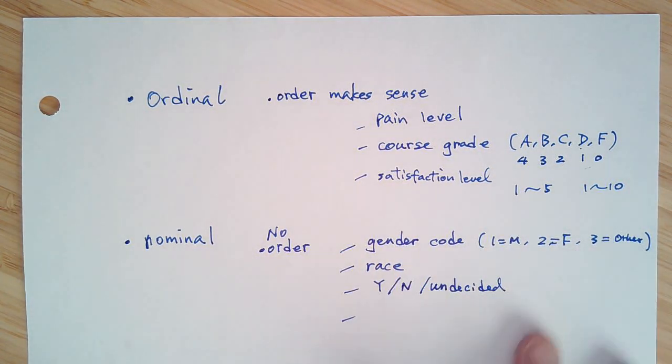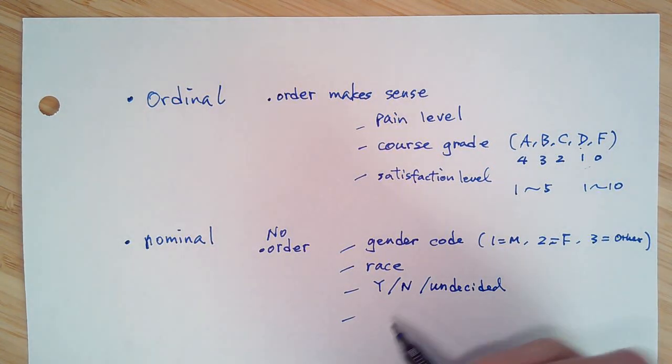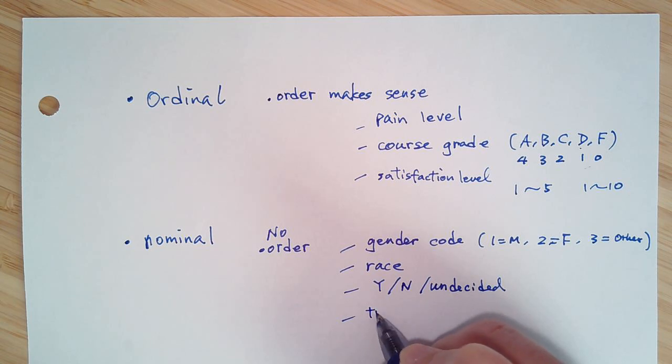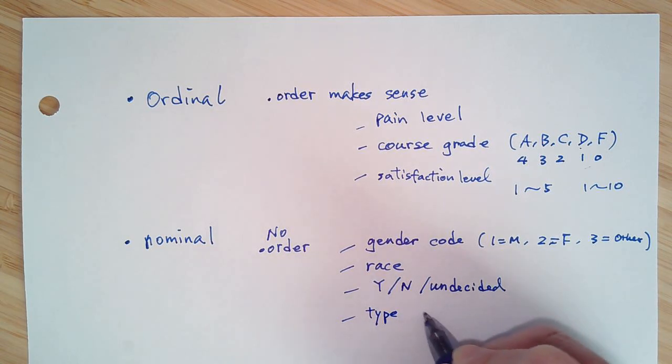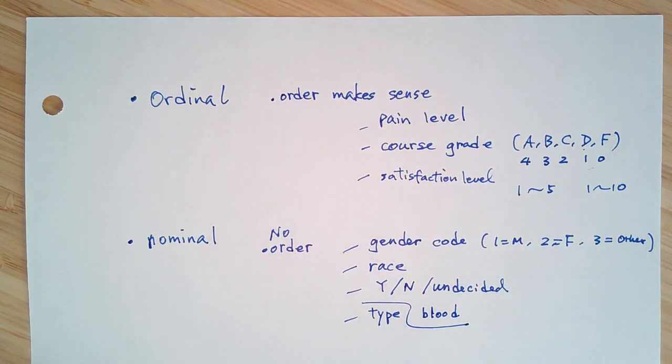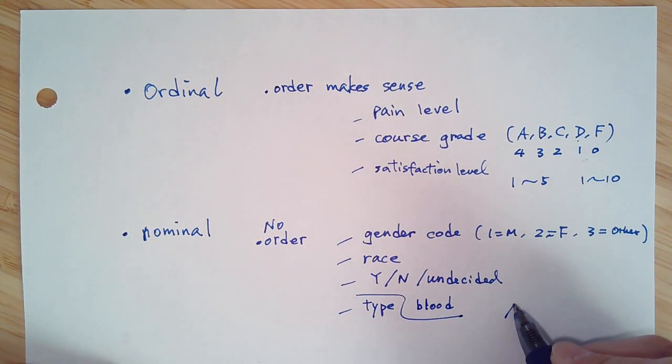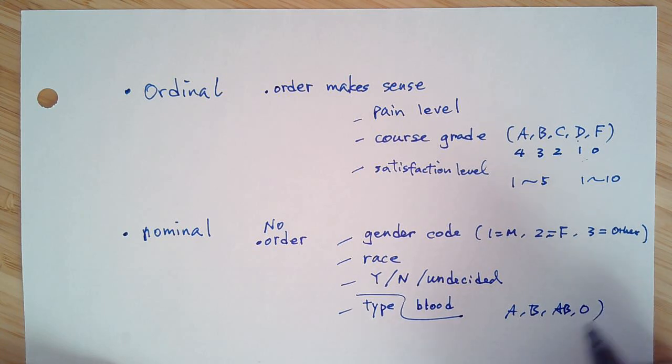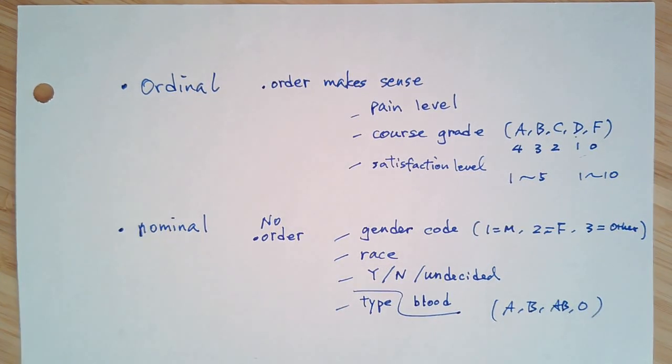They're very obvious. They are categorical, but there's no order at all. Or blood type: A, B, O. We cannot put them in order. We cannot say one is better than another.